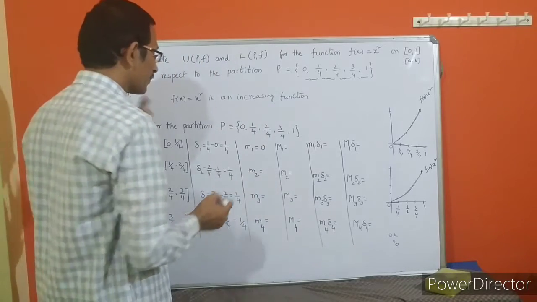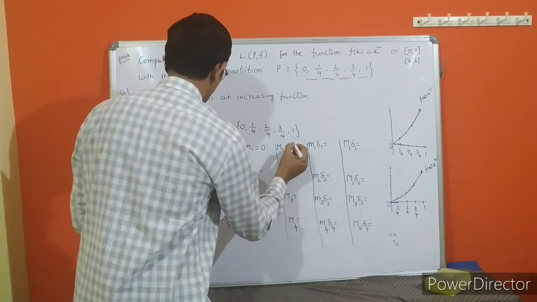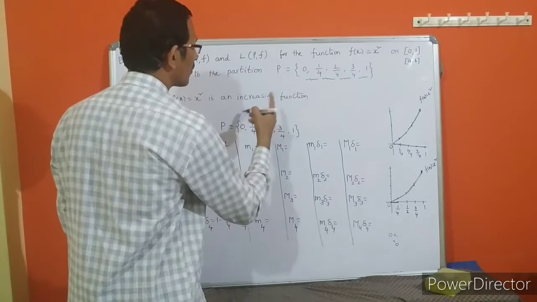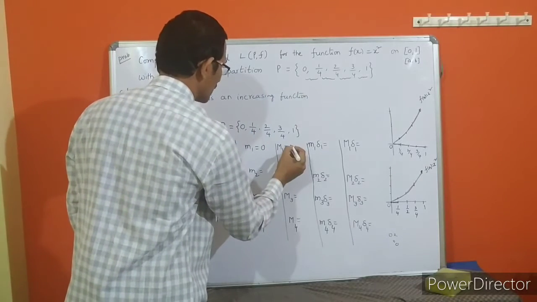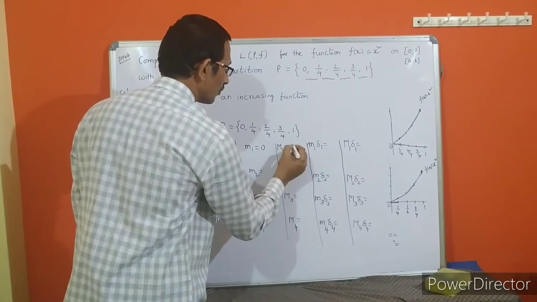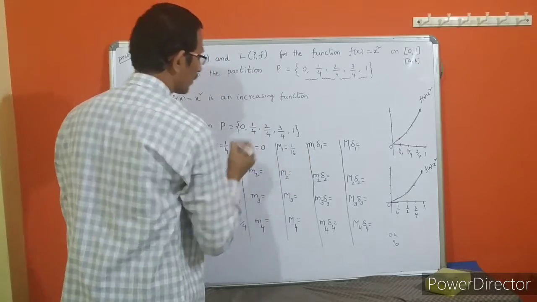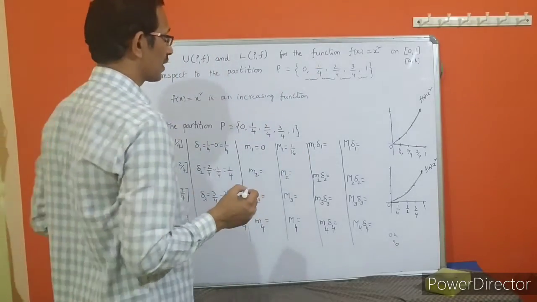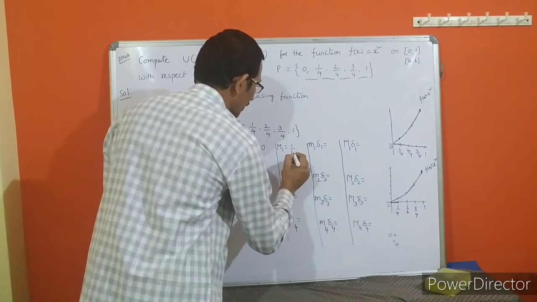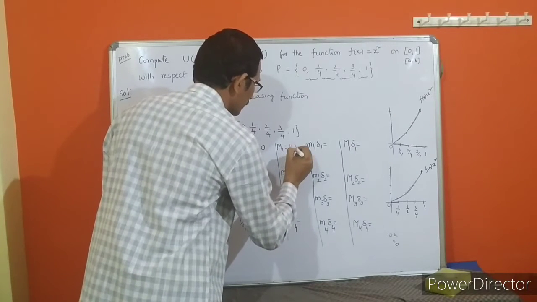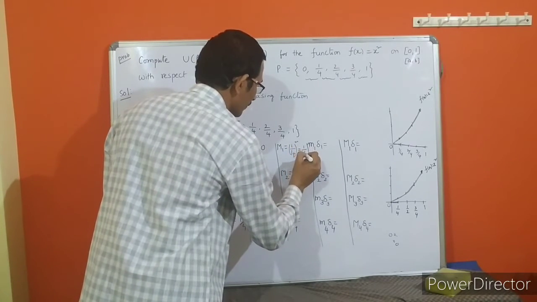So M1 is nothing but 1 by 4 whole square. What is 1 by 4 square? That is 1 by 16. f of x is x square, or I can write 1 by 4 whole square, that is equal to 1 by 16.